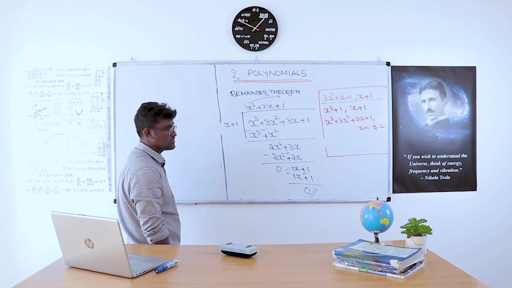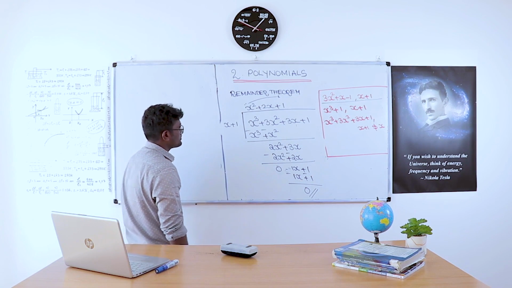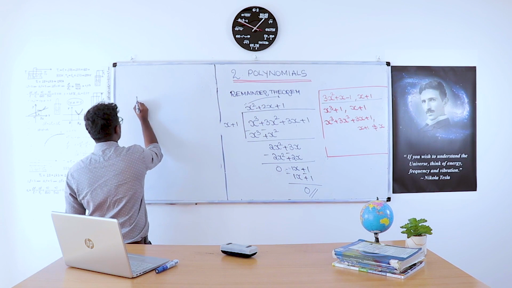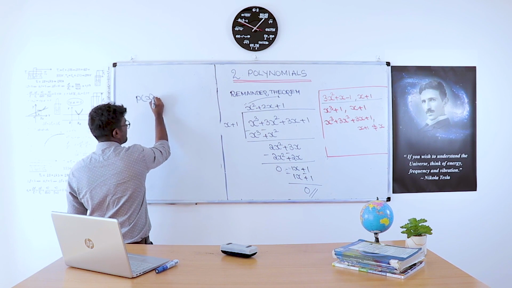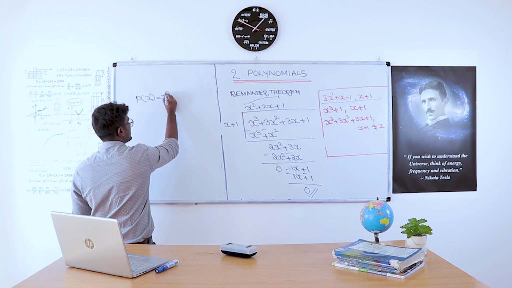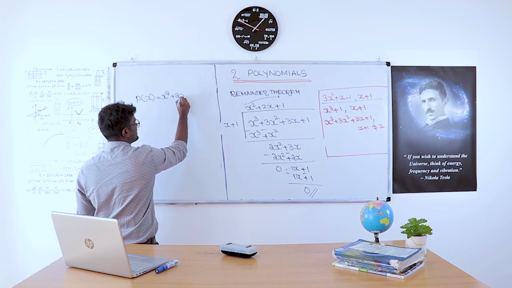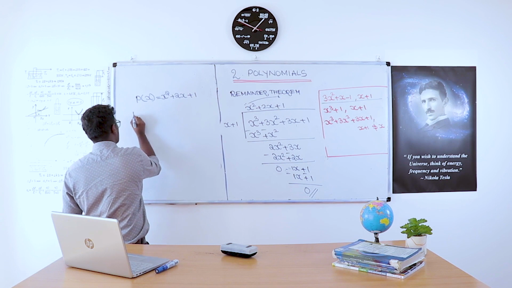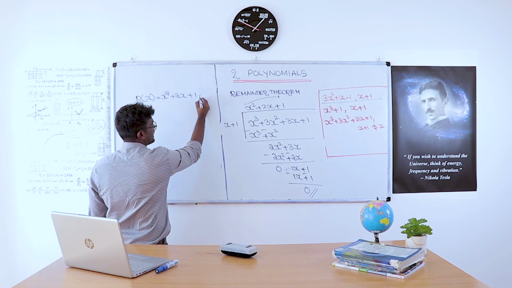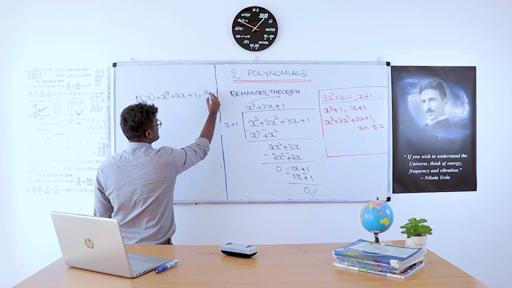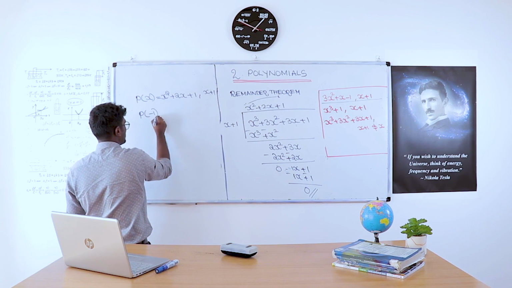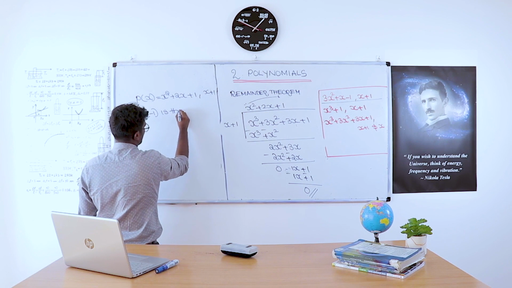The remainder is 0. That means x plus 1 is a factor, and p of x equals x square plus 2x plus 1 as the quotient. Then, which is divided by x plus 1, p of minus 1 is the remainder.